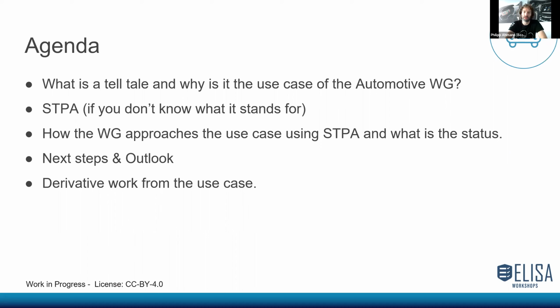For those who are not automotive, there was also a good, short explanation from Paul saying that this can be applied not only to safety critical applications, but you can also use it for business cases or saving costs or customer experience. It's really a wide approach, which can be used in many use cases, but we use it here for our analysis of system architecture to derive requirements. Later on, more on this. And of course, there are some next steps and an outlook on what we are doing, how we continue, and how this use case can be used as derivative work for further use cases.